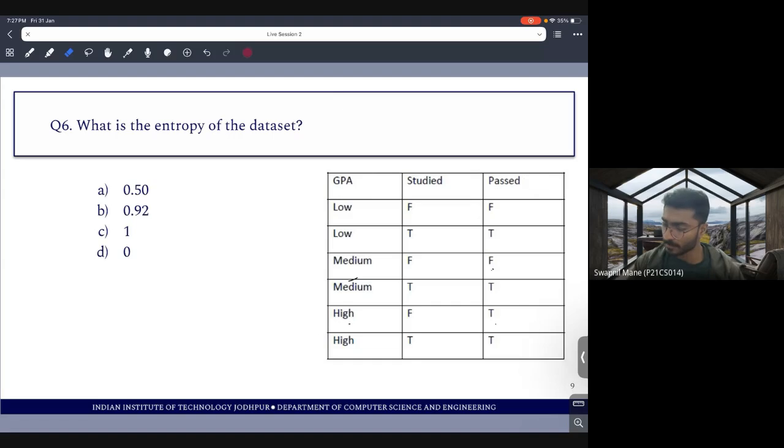As already discussed, GPA and studied are the attributes, and pass is the target attribute that we are trying to predict from the decision tree. Our aim is to find the student. S1, S2, S3 are passed or failed. So we have to find the entropy of the pass attribute.